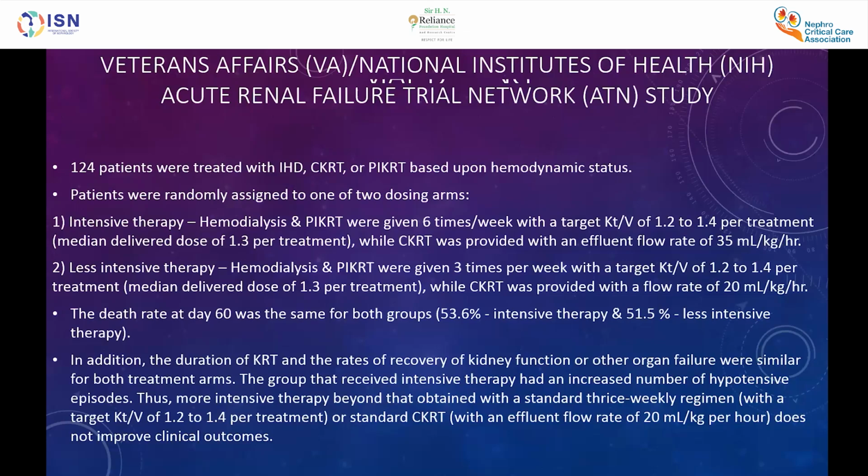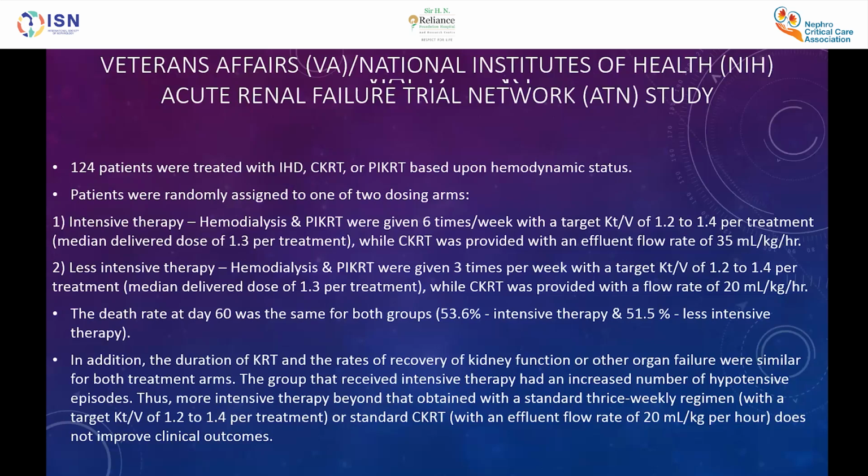In intensive therapy, hemodialysis and prolonged intermittent RRT were given 6 times per week with a target Kt/V of around 1.2 to 1.4 per treatment, whereas CRRT was provided with an effluent flow rate of around 35 ml per kg per hour. This was the intensive therapy.